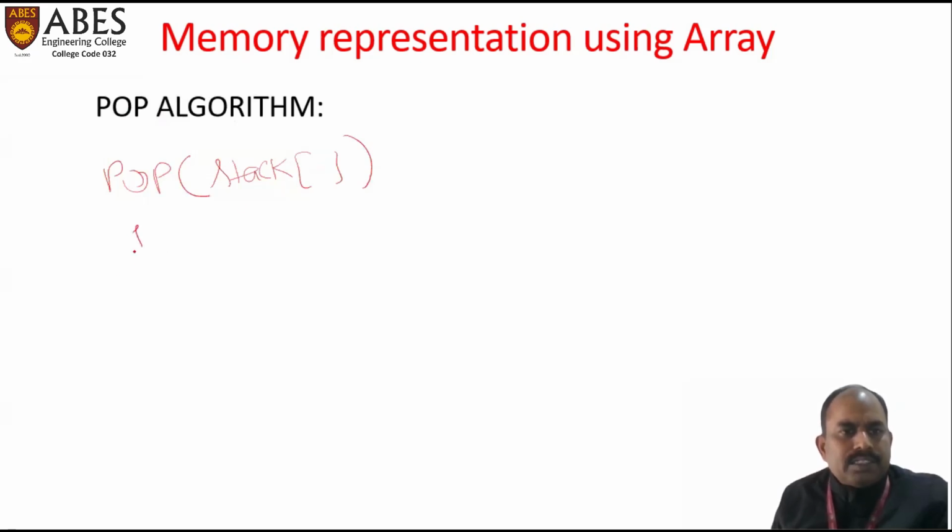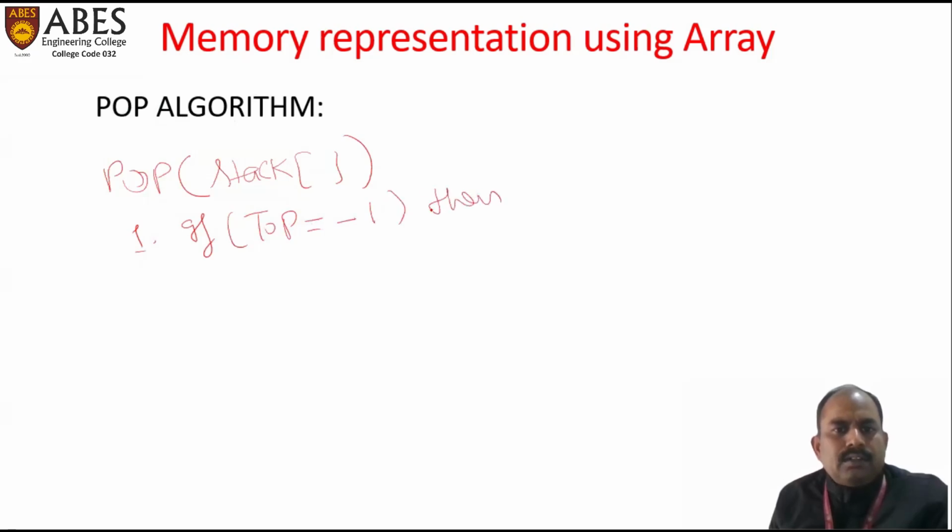Then in the first step, we check whether there is an element on the stack or not. It means that we have to find the emptiness condition here. So if top is equal to -1, then print stack is underflow.